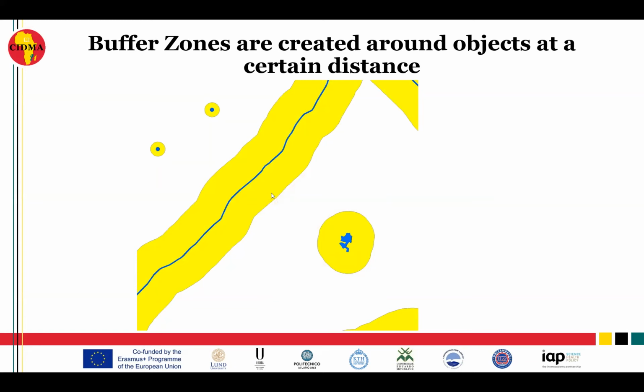I would set the distance of the buffer zone. For points, I can also set a buffer zone with a distance. And additionally, for a polygon area, I can set the distance.